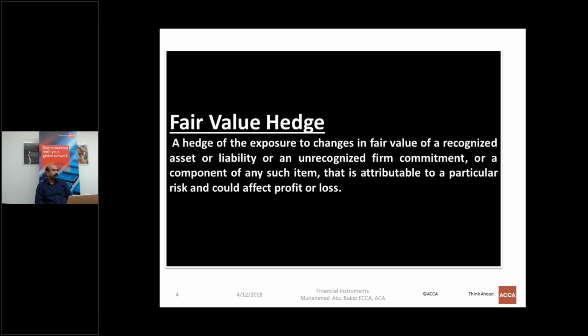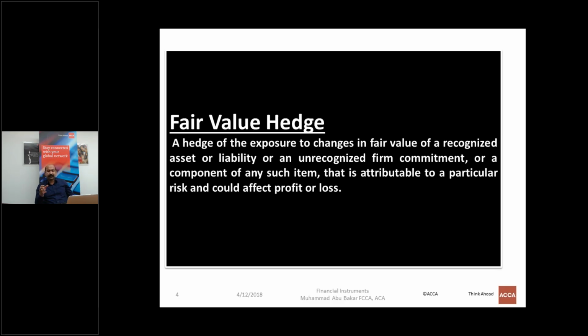Okay, you want to say something? I think in the current scenario, hedging is more relevant to us because we have exchange rate parity differences between dollar and rupee. So I think hedging could be effective. You are very right. Hedging is a normal practice when you face any risk.